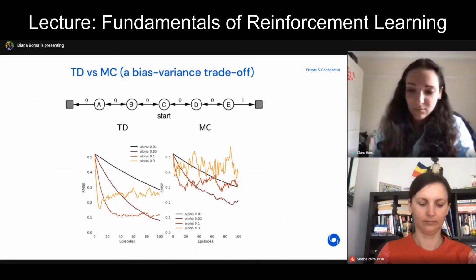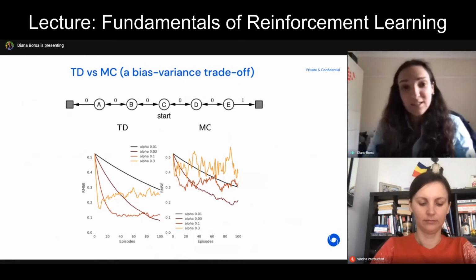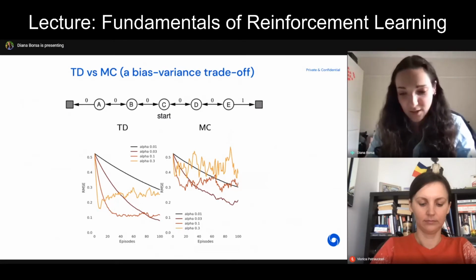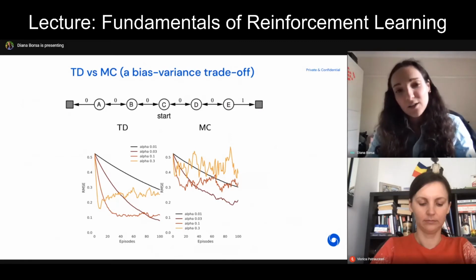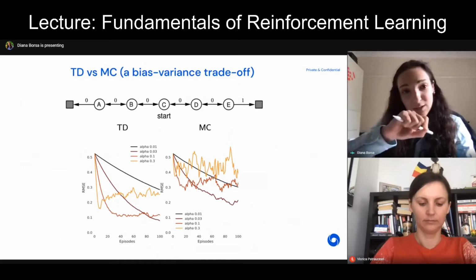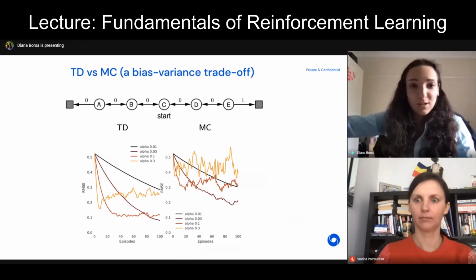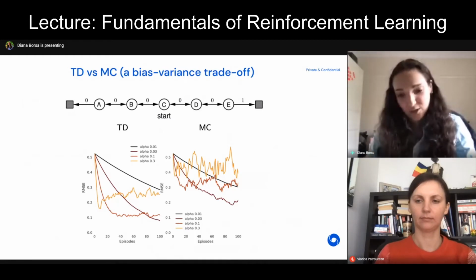On the other hand, the TD target, at least the one-step TD target, is usually a biased estimate, unless your value function at the next state is already the value function that you're looking for, which for most of the learning won't be the case. At the same time, TD has a lot less variance, just because it looks again at the neighborhood. It looks at only the stochasticity in the next transition, rather than something like Monte-Carlo, which unfolds over multiple steps, and has to integrate over that uncertainty.